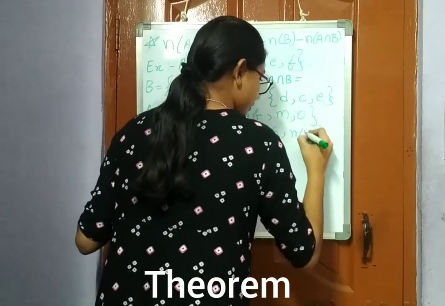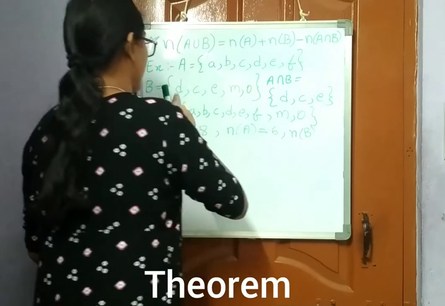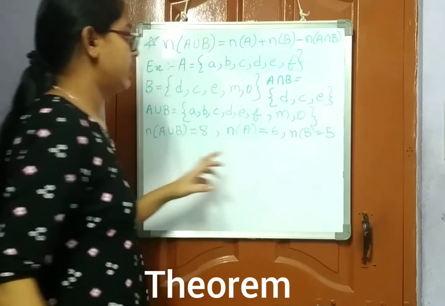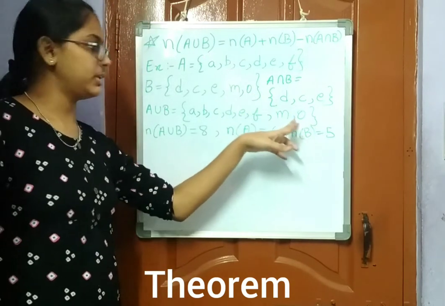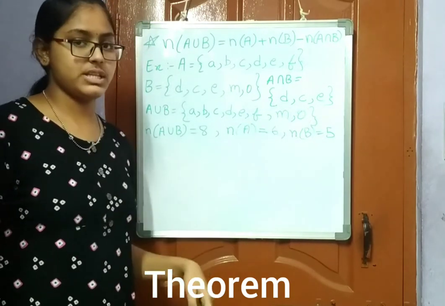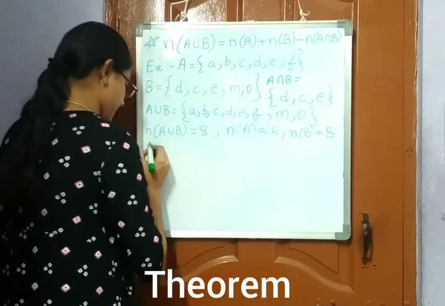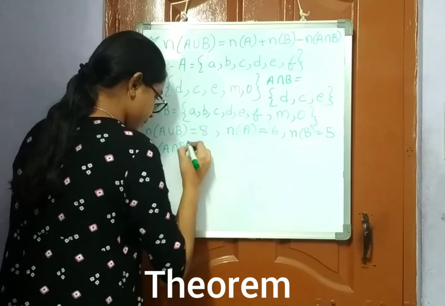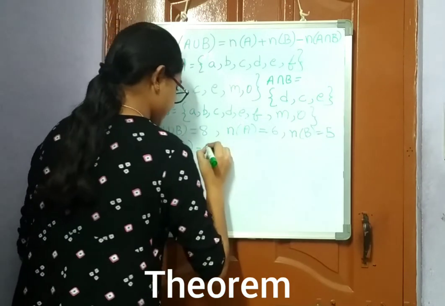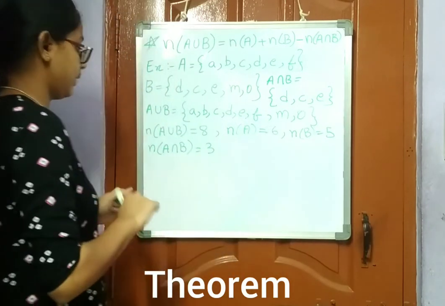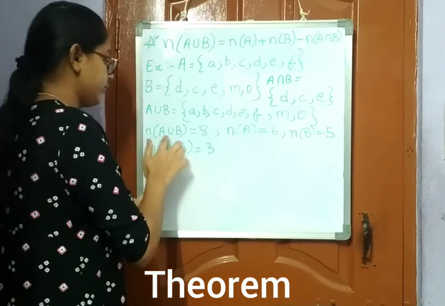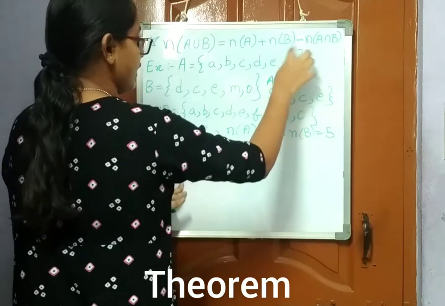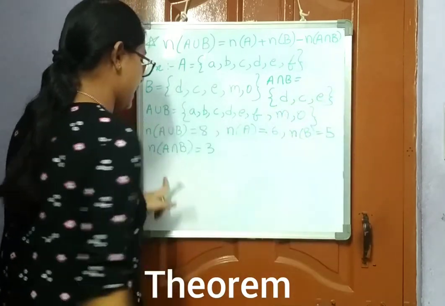And n of B will be 1, 2, 3, 4, 5. And n of A intersection B, that is 1, 2, 3, the number of elements in A intersection B, so 3. Now according to the formula, we have n of A union B as 8, n of A as 6, n of B as 5 and n of A intersection B as 3.